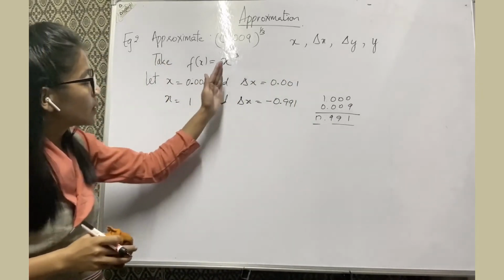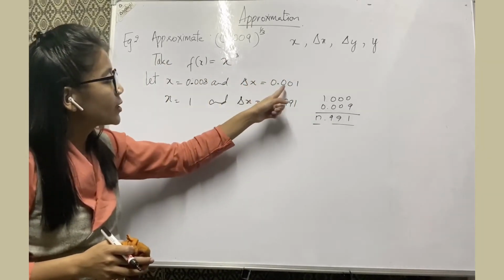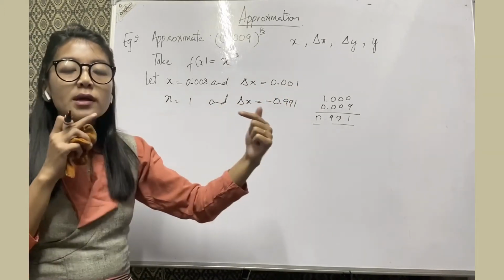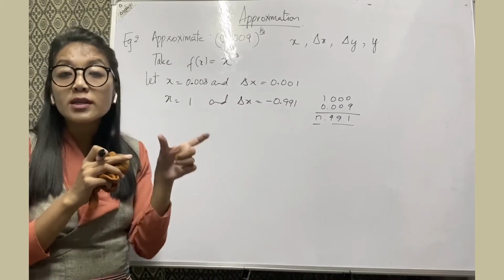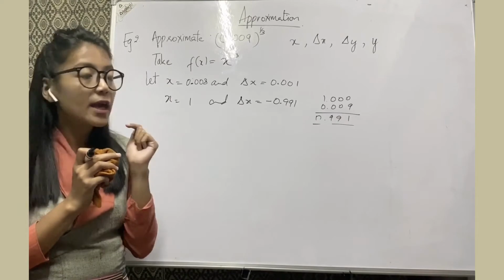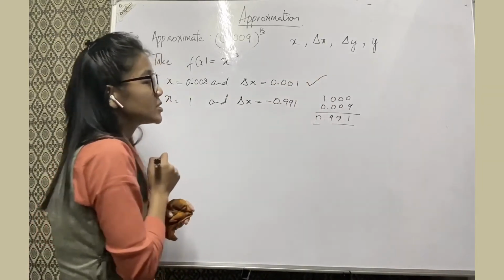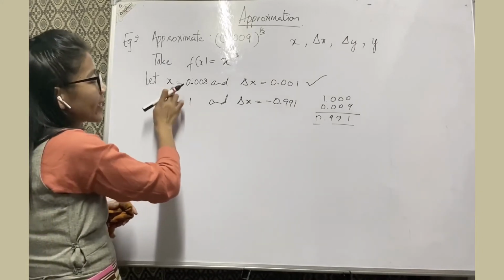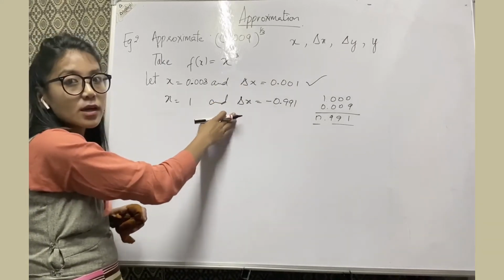Now you look at these two values, 0.001 and negative 0.991. Think of plotting these 2 points on the number line and compare which one of them will be nearer to 0, okay. So obviously this will be nearer to 0, so this will be your choice of x and delta x. You will not choose the other, okay.